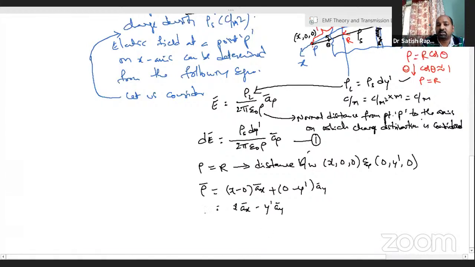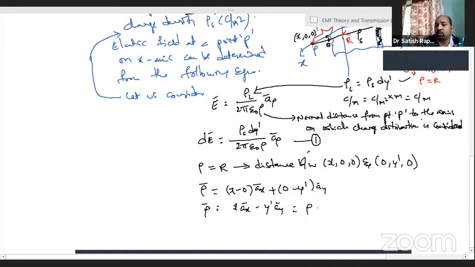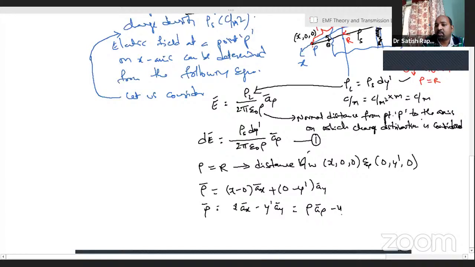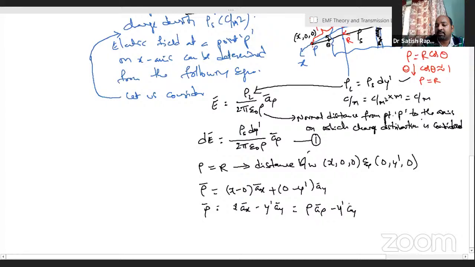So this is the vector distance, and in cylindrical coordinates this will become rho a rho bar minus y' ay bar. Let it be like this, and let us say this is equation 2.